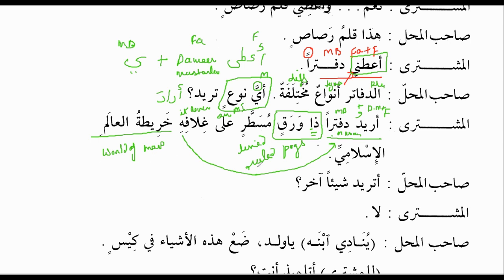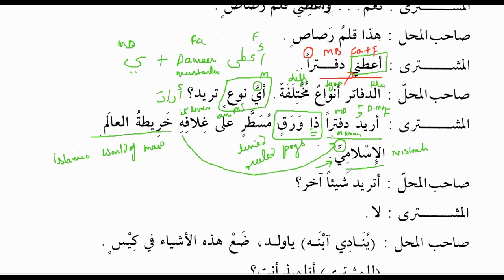And which type of world map is it? Islami. So this is a nisba. Nisba means showing the relation, showing the nationality. So it is Islami, meaning Islamic world map. In English, you can translate it as Islamic world map. So how do you know that this word is a nisba? By seeing the shadda and a ya at the end.